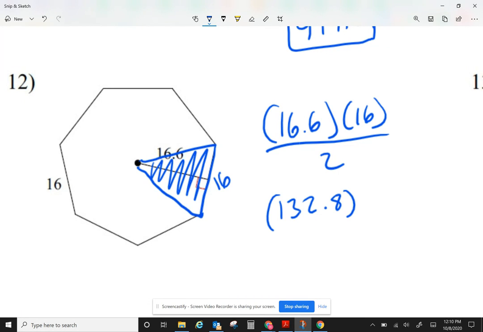I said earlier we're going to have 7 triangles. And the way I know that we have 7 triangles is because the polygon has 7 sides. So let me just go times 7. And my result gives me $929.6.